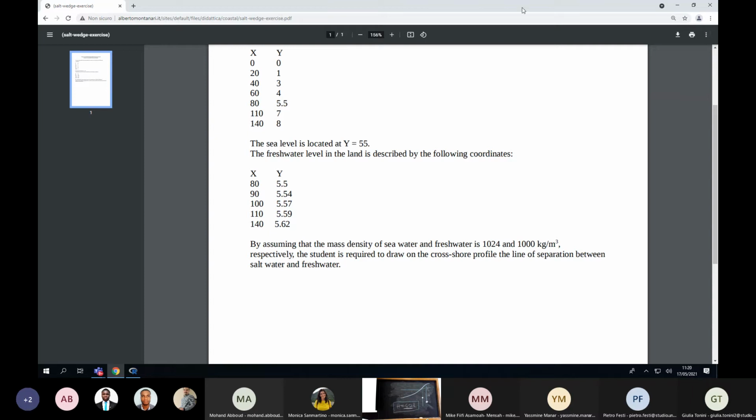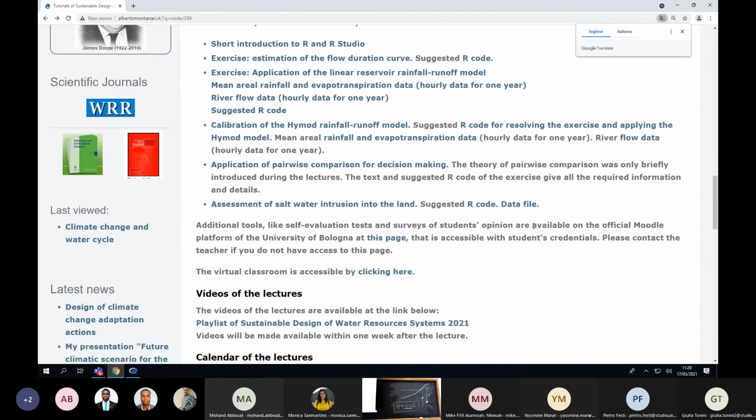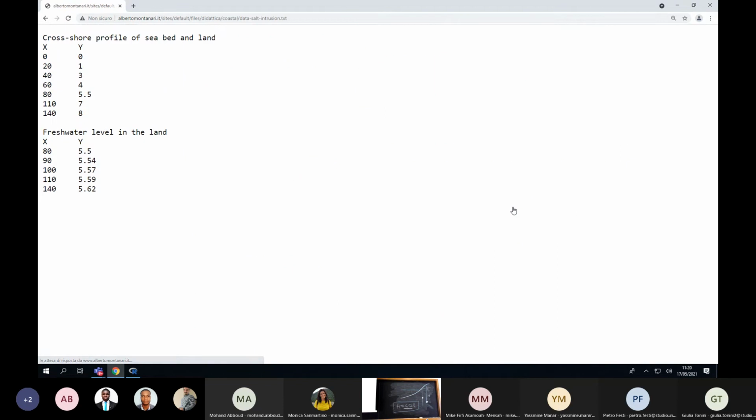Let me close this because I don't need this PDF anymore. And now let's look at the data file. This is the data file. It gives just the two profiles that are given in the PDF, okay? So very simple.